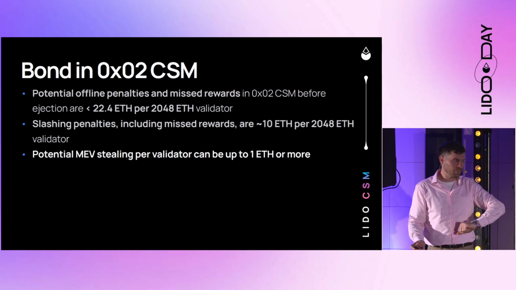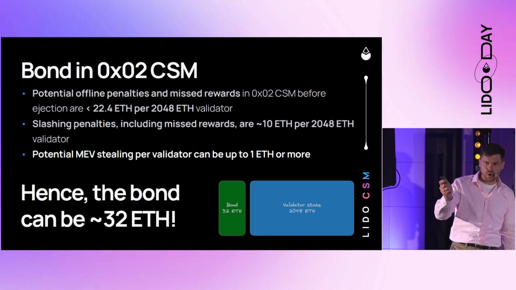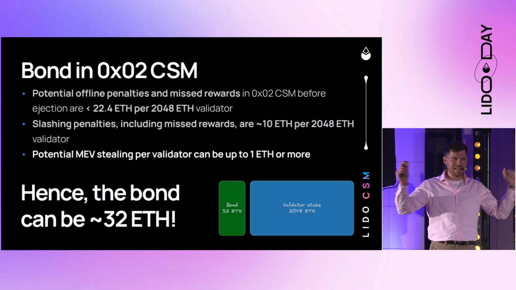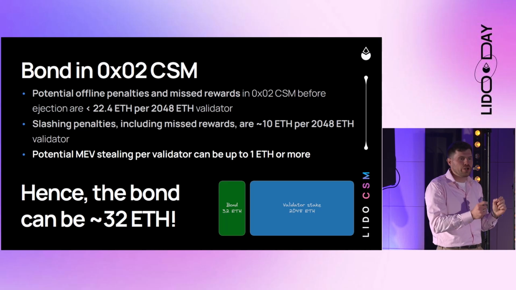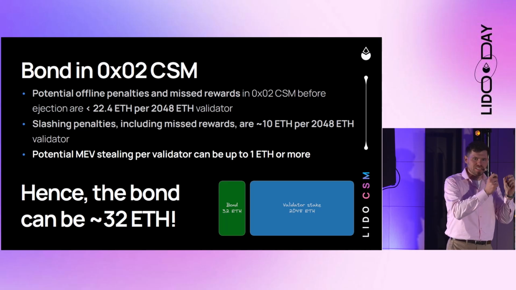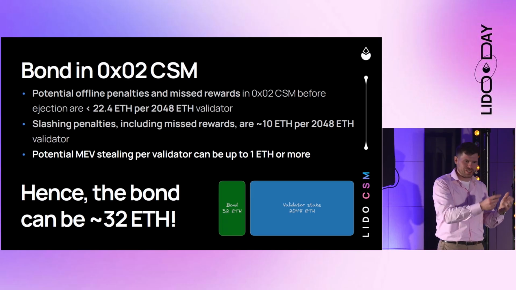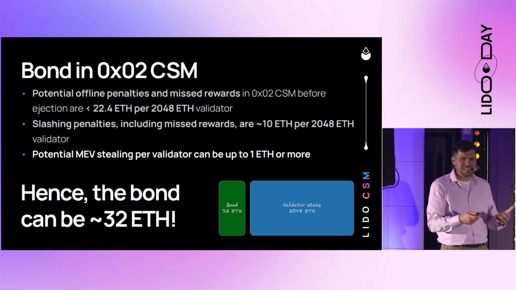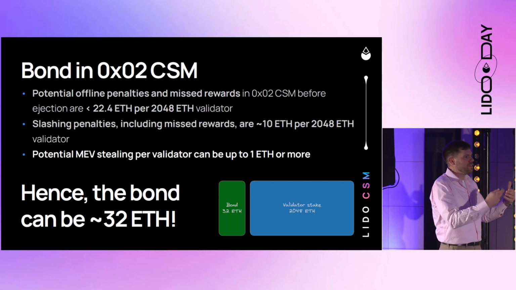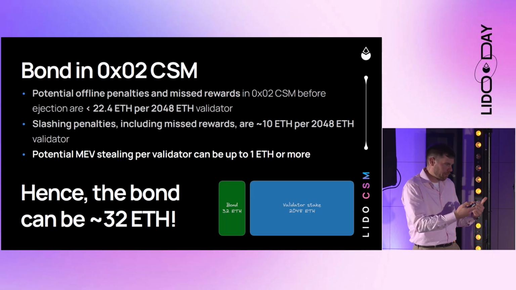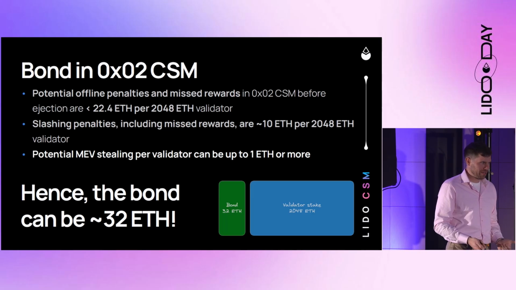And which brings us to the point where we can say that in 0x02 CSM, the bond per single full validator can be just 32 ETH, which is the equivalent of 0.5 ETH per traditional 32 ETH validator, which makes 0x02 CSM the most affordable option, the option with the lowest bond possible on the market.